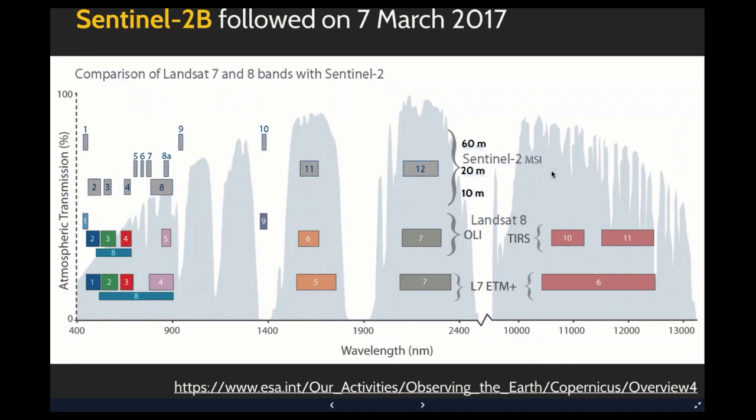They also have a couple of 20 meter bands, and some 60 meter bands, including the shortest wavelength portion. One thing Sentinel-2 doesn't offer is a thermal band. So if you're interested in doing thermal, you will probably have to use Landsat, because there isn't another better resolution data available.